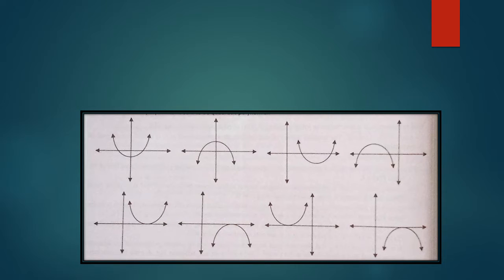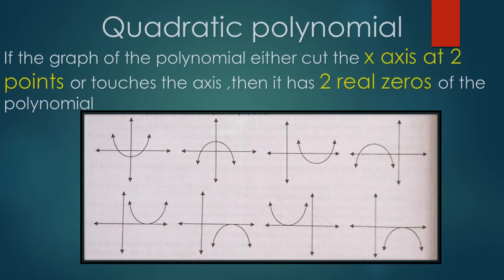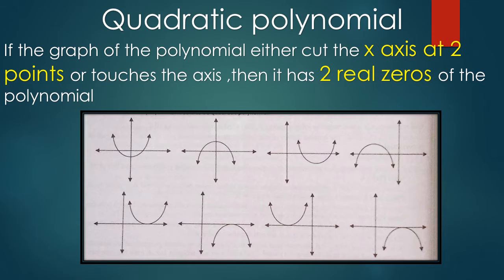Now here when you see there are U-shaped figures, which are called a parabola. Whenever you see these U-shaped figures, you can immediately name it a quadratic polynomial.